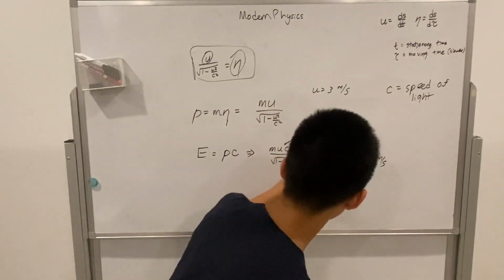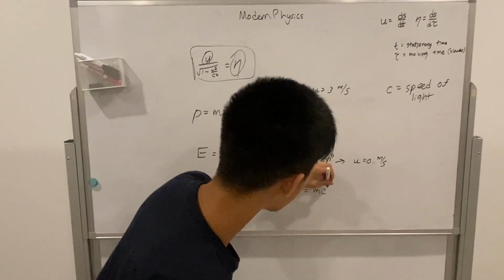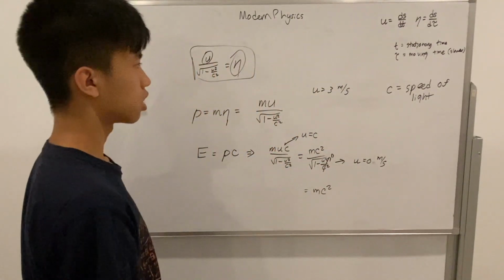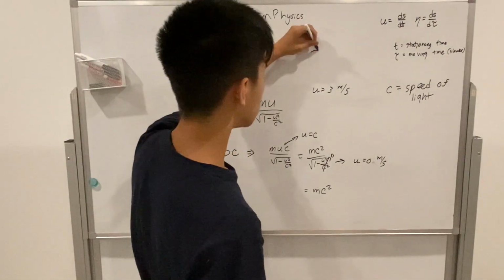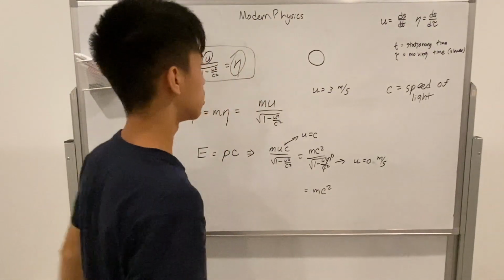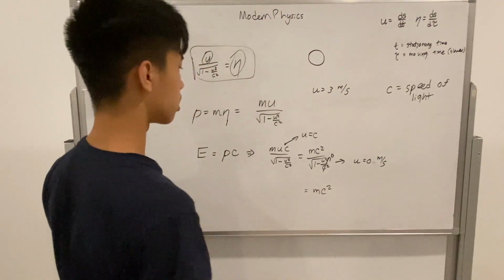So this makes this term 0, making the rest state something known as the rest state energy, mc squared. So if you have a resting piece of matter, it has an intrinsic energy that is equal to mc squared.